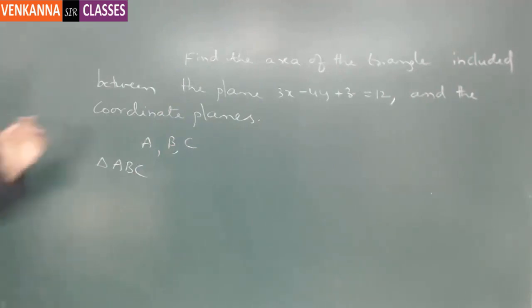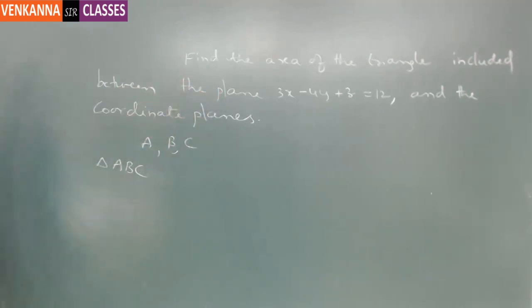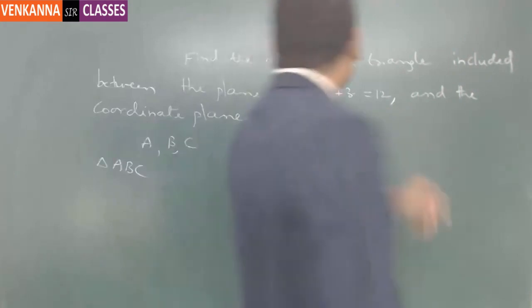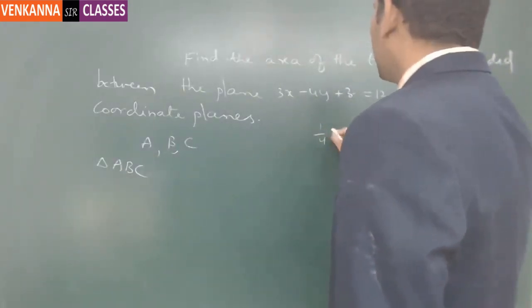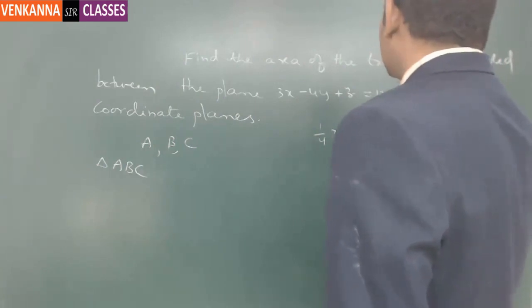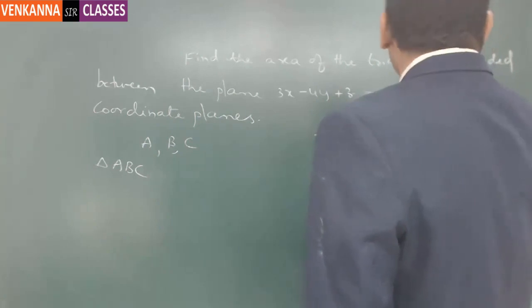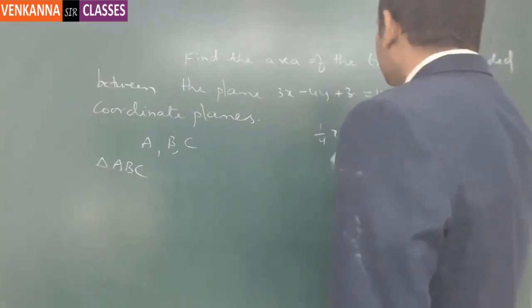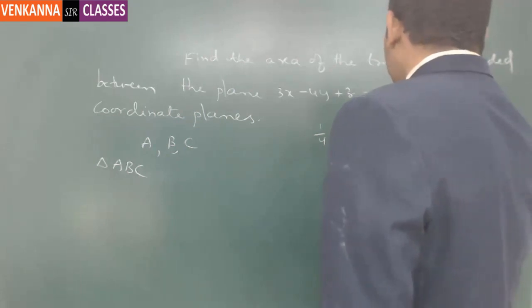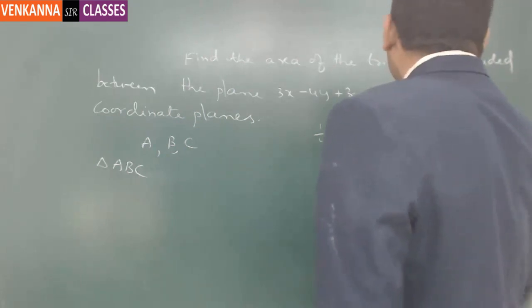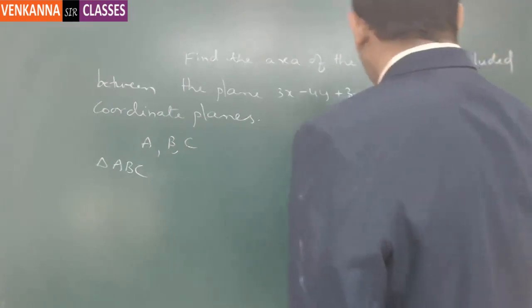Right. So in order to convert the plane to intercept form, divide with the constant. So 1 by 4 into x minus 1 by 3 into y plus 1 by 12 into z is equal to 1, nothing but x by 4 plus y by minus 3 plus z by 12 is equal to 1.